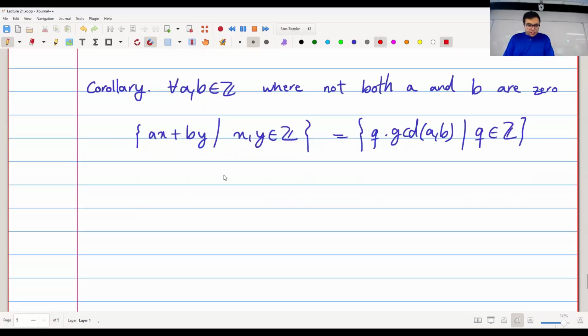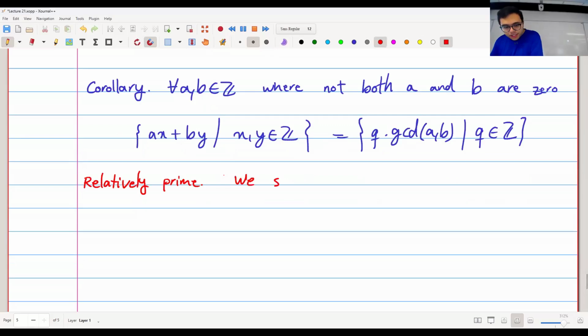So we have another definition here. I'm going to define relatively prime before I define prime itself. So relatively prime is this. We say two numbers A and B are relatively prime if their greatest common divisor is 1.